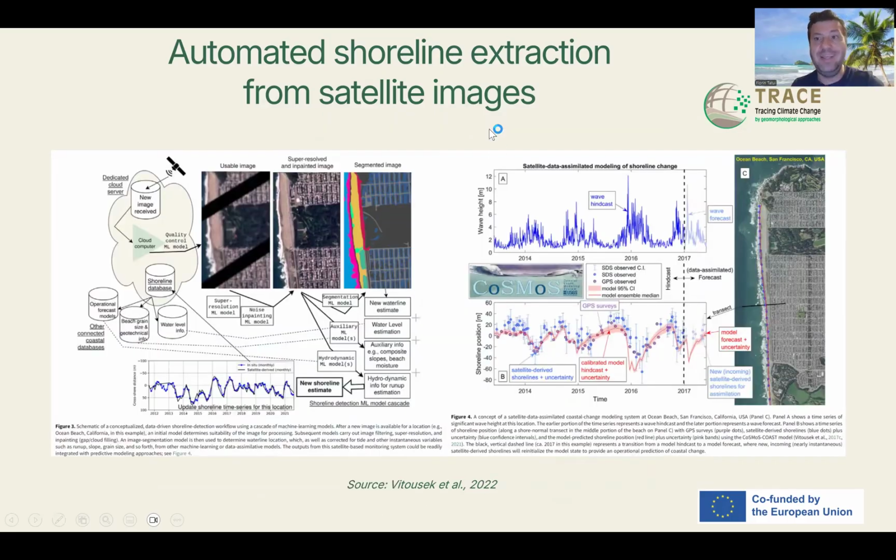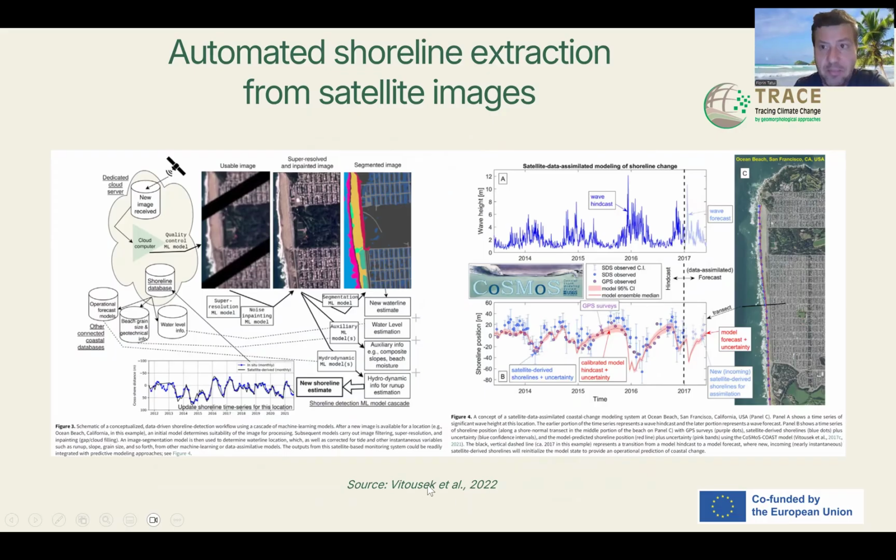And of course, in the end, after obtaining all these shorelines, we can introduce them in some kind of operational tools that can predict the shoreline dynamics for the future.